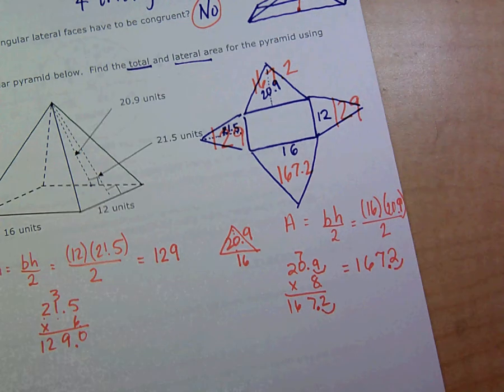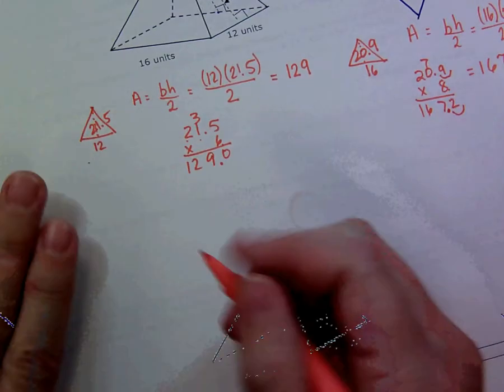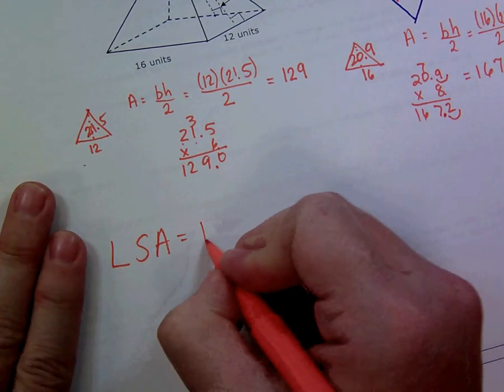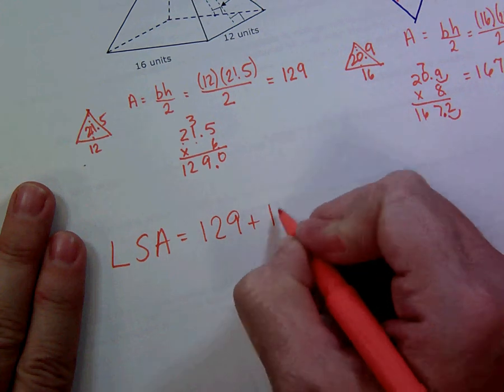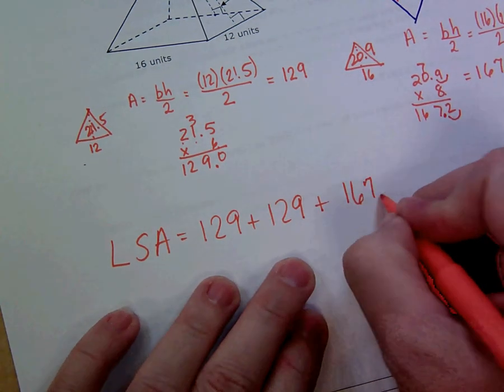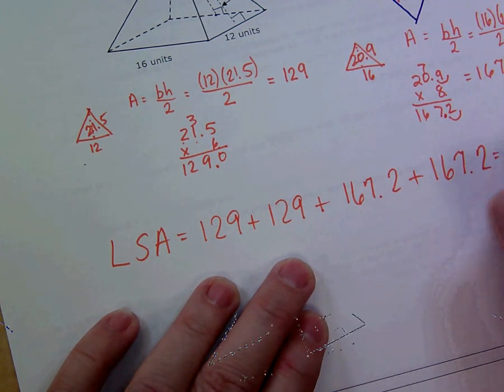167.2. So we've actually found the area of all of the lateral faces now. So we can find the lateral surface area by adding up all of those numbers, 129 plus 129 plus 167.2 plus 167.2.